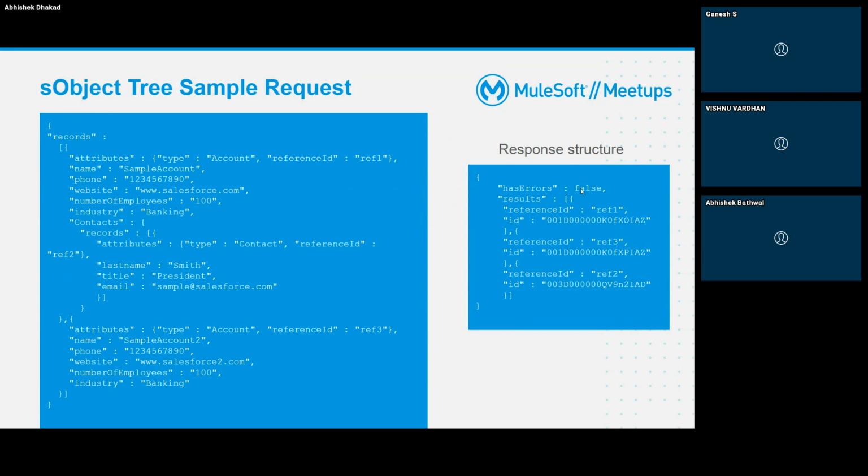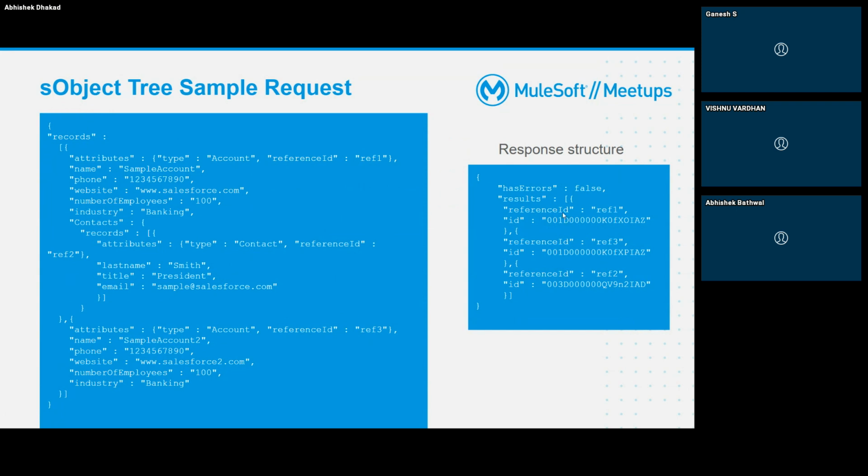Has error true, then we have a result where for the respective reference id we will get the id which we have created. So this is reference id 1 for account. Then we have reference id 3, not reference id 2. The reason behind that is once we execute the request, all the requests of the same type are processed together. Here we have two accounts, and account is a parent node.